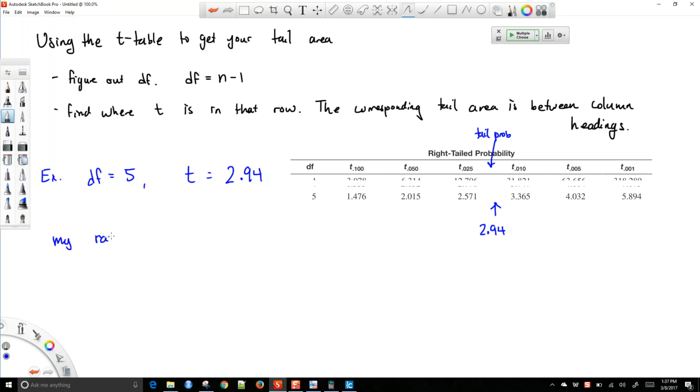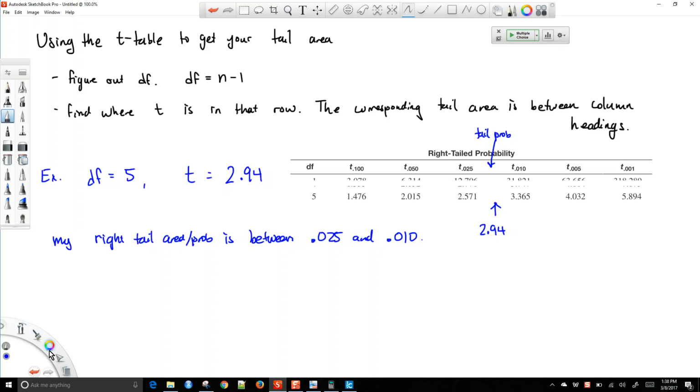My right tail area, or my right tail probability, is between 0.025 and 0.010.